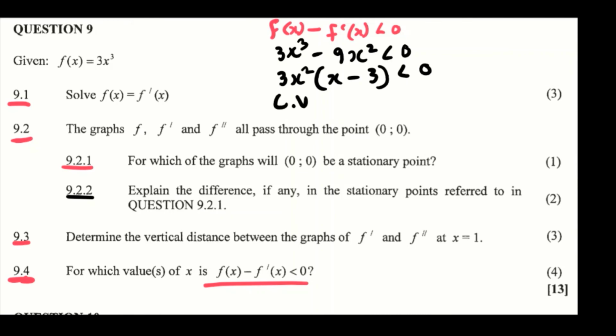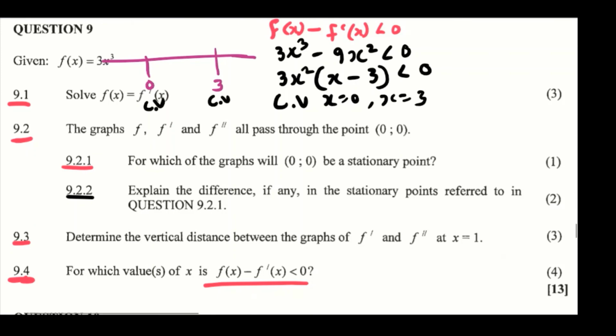So your critical values are x equal to 0 or x equal to 3. So you're going to write down your timeline and indicate your critical values of 3 and of 0. So these are going to be your critical values, right?